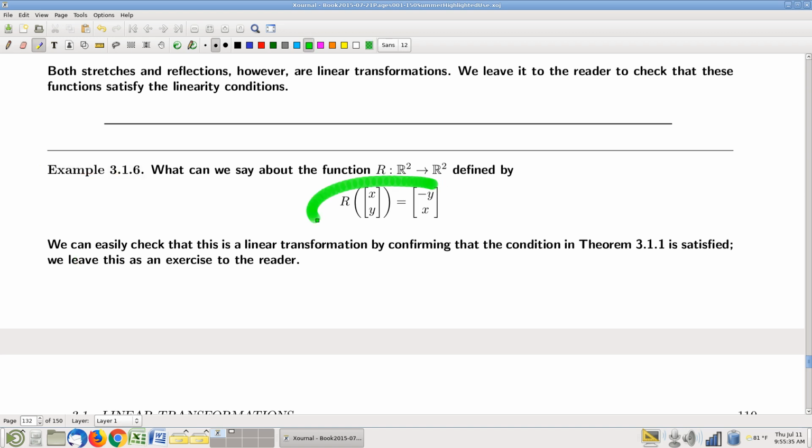Here's a function. Now, I claim that this is a linear transformation. You can just directly plug into the condition. Linear combinations in, chug, chug, chug. Confirm you get linear combinations out. It satisfies the formula. It's a matter of brute forcing it. So that's a linear transformation.